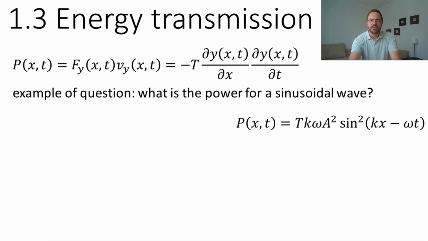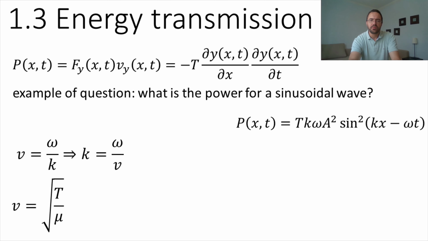Now, this relation contains both k and omega, and it is not very convenient to have both of them in the same relation for the power because k and omega are not independent, right? Last time we learned that k and omega are related by the wave speed: v is equal to omega over k. So I can replace k by omega over v.